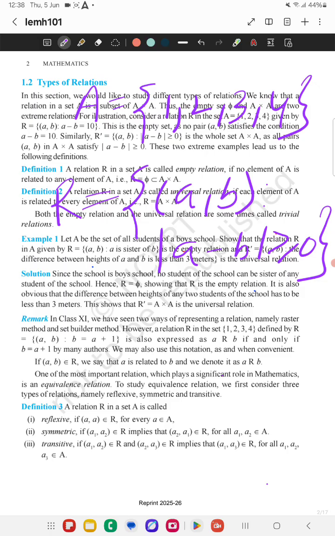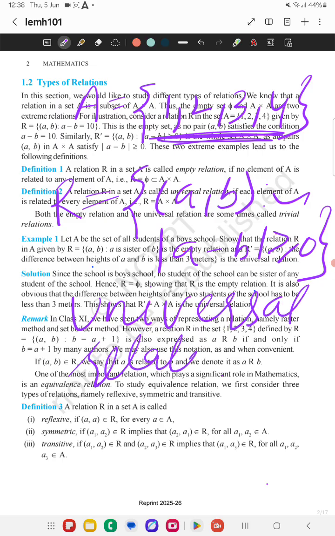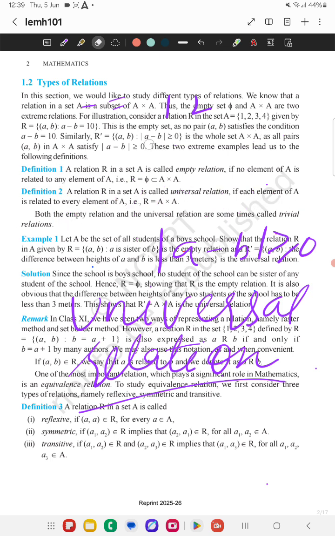Then you can see every element of this set satisfies the condition. So this type of relation will be your universal relation. The relation is satisfied by all the elements of the ordered pairs. You can take any two elements and they satisfy the condition, so you can say it is the universal relation.